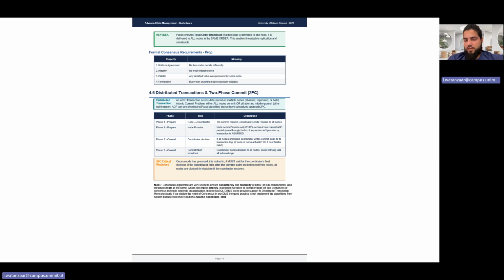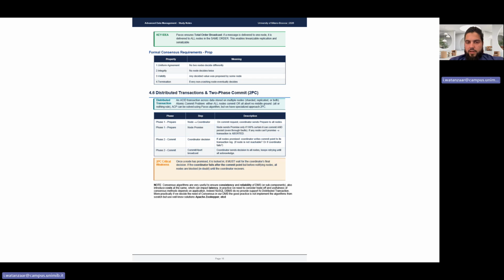If the coordinator fails after the commit point, say the coordinator decides the committing point but fails before notifying the nodes, all nodes are blocked in doubt until the coordinator recovers. So this is the weakest and most critical weakness of two-phase commit.